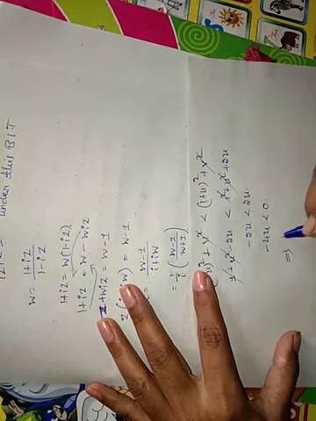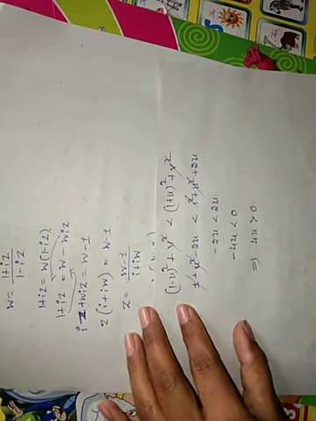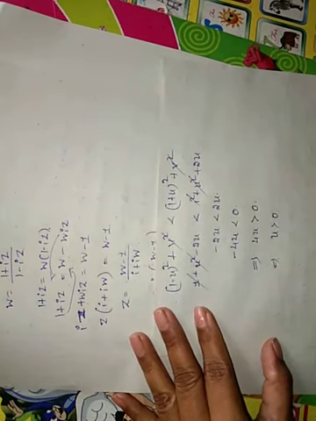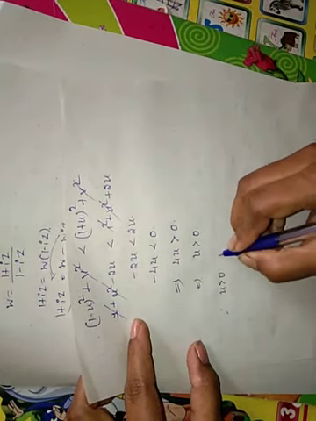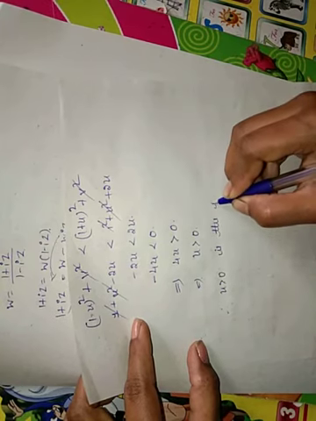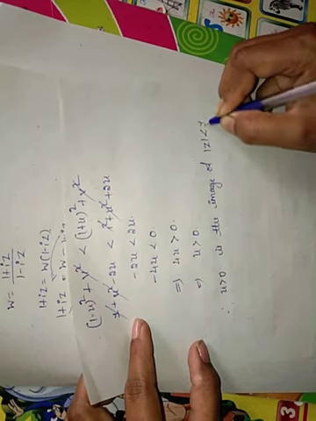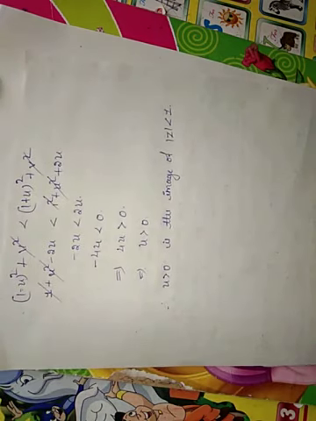That implies, multiplying the minus sign on both sides, 4u greater than 0. That implies u greater than 0. Therefore, u greater than 0 is the image of mod z less than 1. So that is the procedure of simplification of this example.